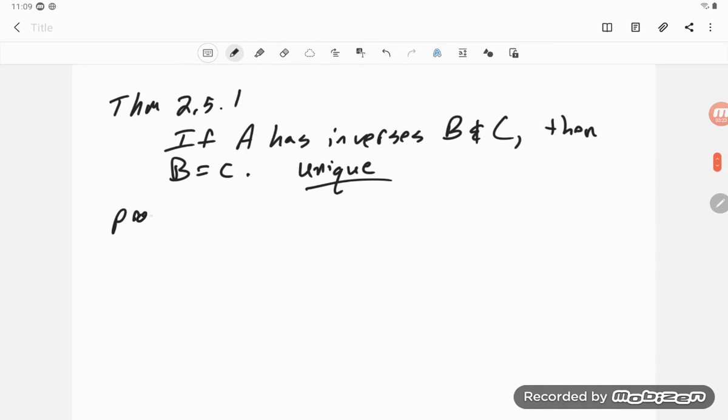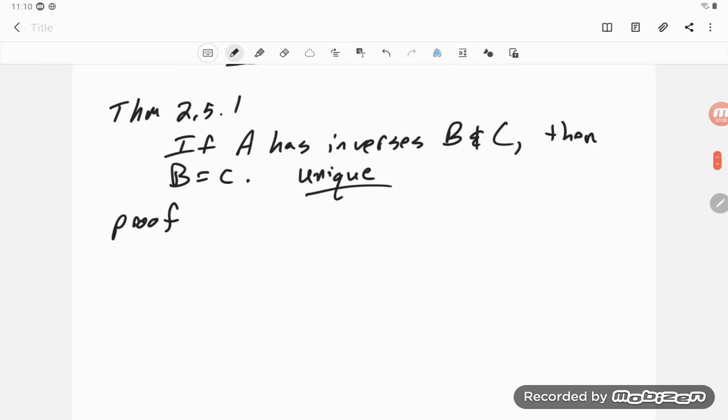And so the proof of this, often with uniqueness, what we do is we let B and C be inverses. We go ahead and take two things that we say satisfy the property. So B and C are inverses of A.